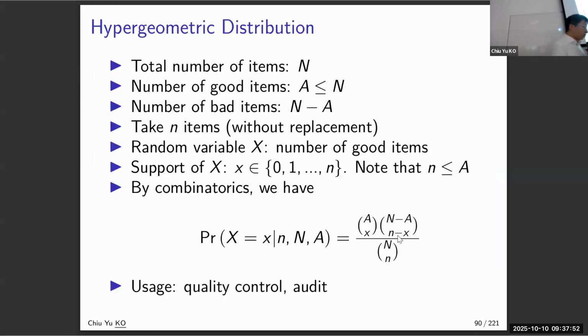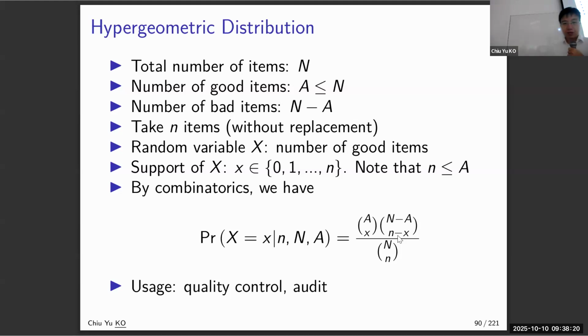In the case of the hypergeometric, we have many boxes to open, but we only open a small number n of them, and the fact that each box is not independent gives you the hypergeometric, in the sense that you have a fixed number of good items and bad items. You open n of them and look at how many of them are going to be good.